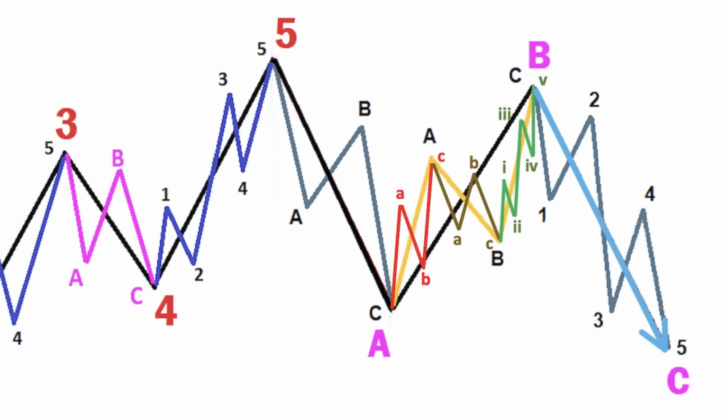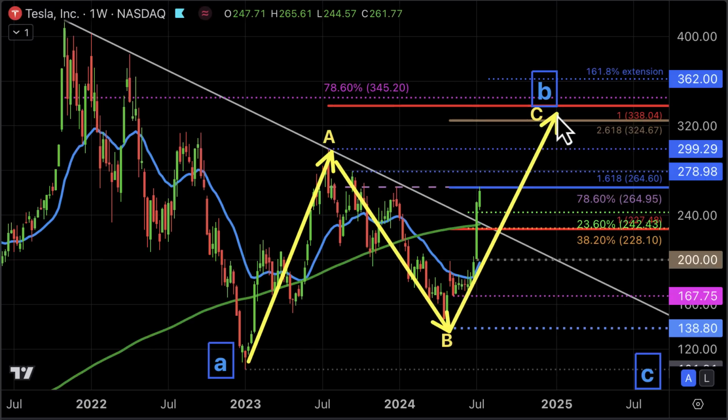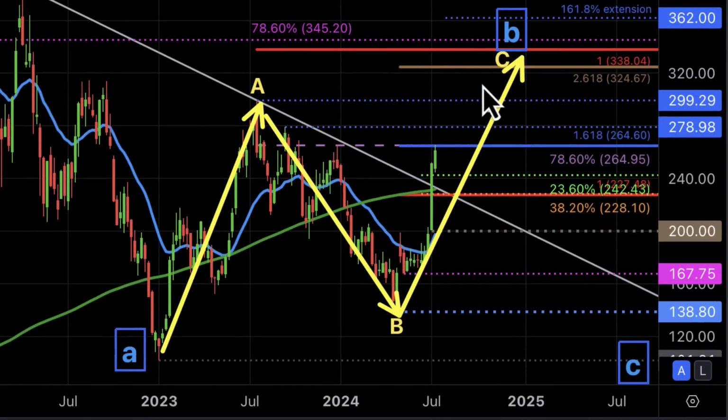If I just show you that one more time on the chart, there it is. So according to this scenario, as you can see here, again, A, B, C. Again, C waves are composed of 5 waves. So, in other words, we could likely be heading towards that 338, 345 region there before finally completing and then making significantly lower levels.